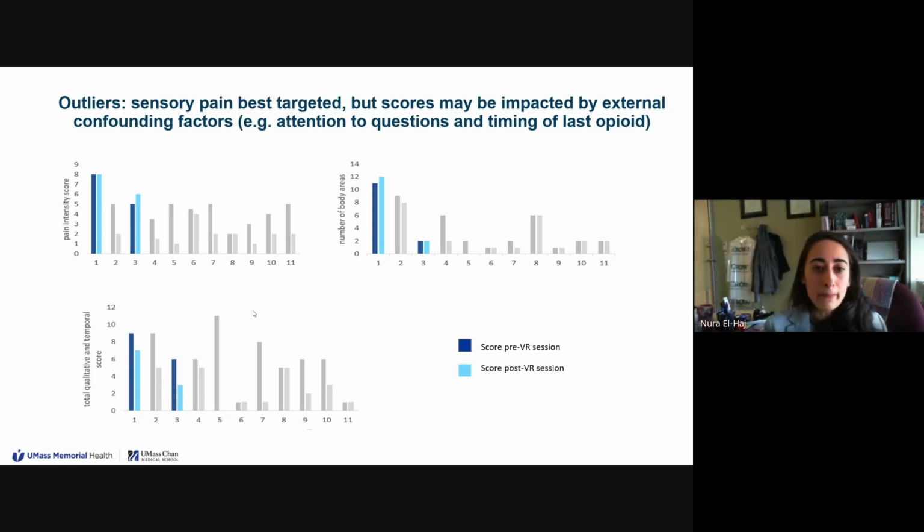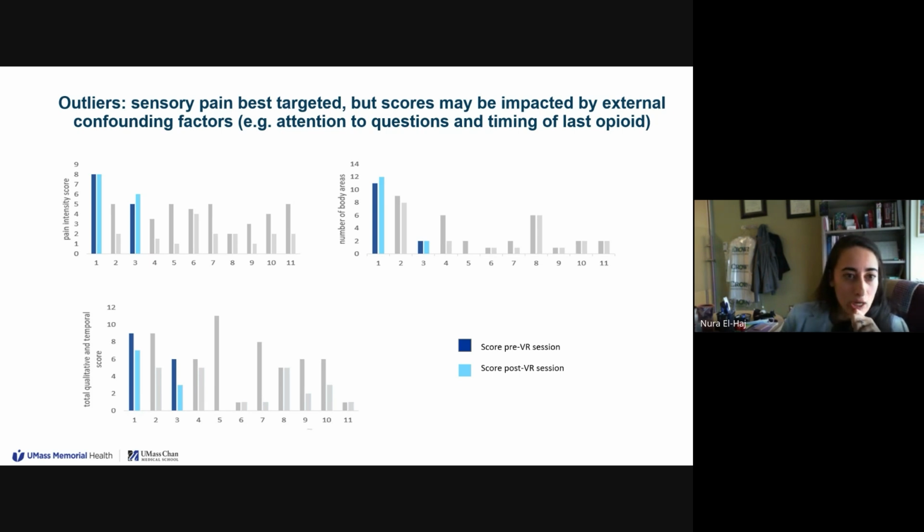For example, patient 1: pain intensity didn't change much, and they actually reported a couple more body areas, but they weren't too sure when circling in the post. What they really noticed is they felt overall better from a sensory perspective, and they were quite relaxed in general.